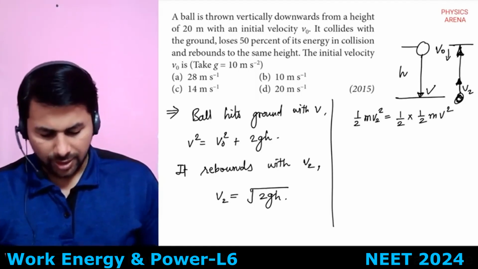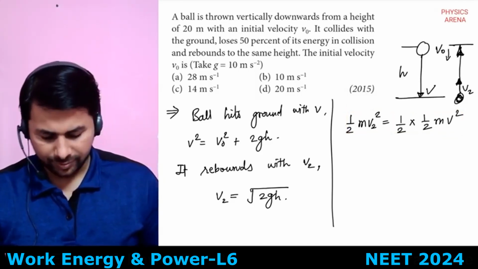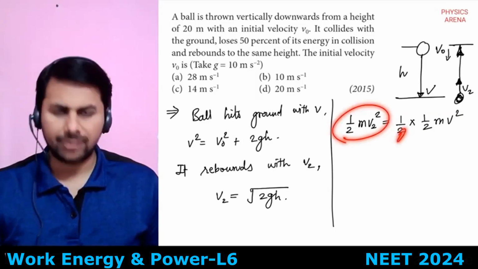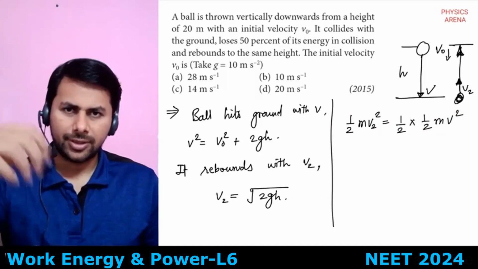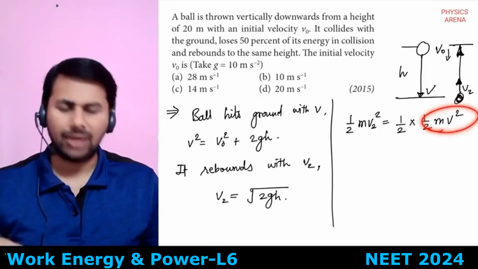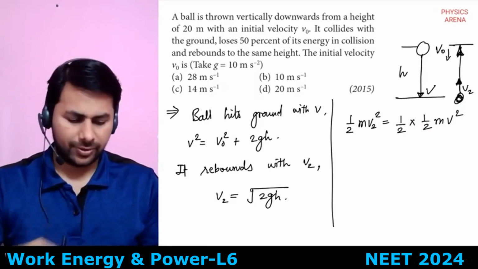It is losing 50% of its kinetic energy, so kinetic energy becomes half. This is the kinetic energy with which it collides; it strikes the ground with half m v square, because v is the velocity with which it hits the ground.